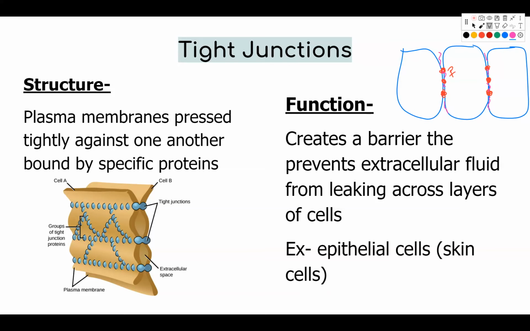So structure and function of tight junctions. This one's relatively easy to name. Function connection, some of them are not as kind to us, but tight junctions hold tight those cells together.